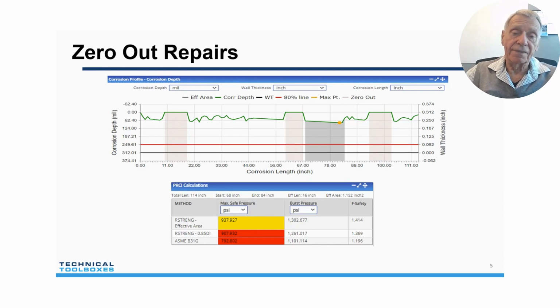Of course, you could repair the entire 115 inches of length of that corrosion anomaly. However, by identifying only those areas of repair that need to be fixed, this allows the client to reduce cost and money and time.